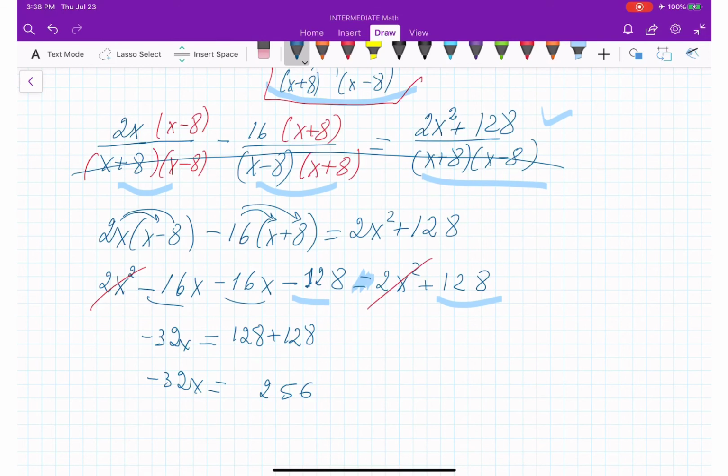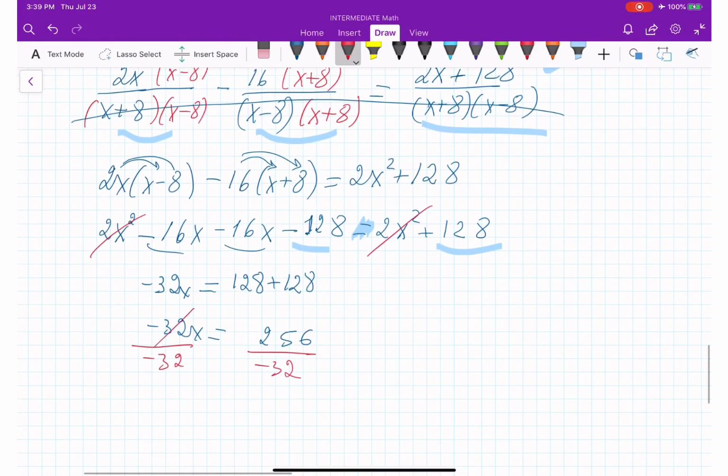All right. So what we're going to do next? 256 divided by 32, right? Let's divide by negative 32, divide by negative 32. This is gone with this, and x is equal to 8. X is equal to negative 8.